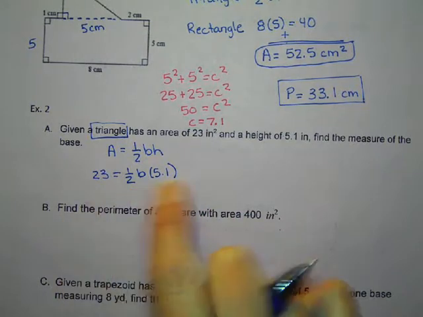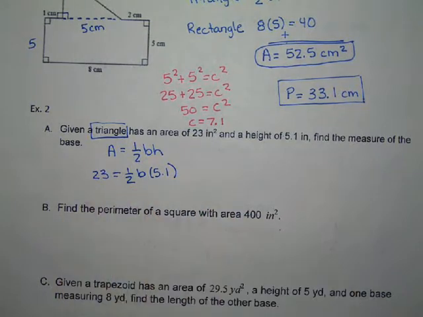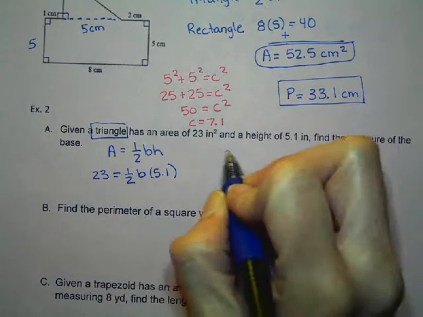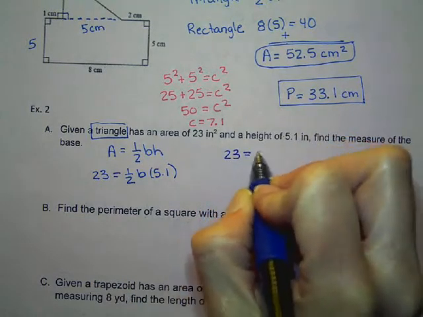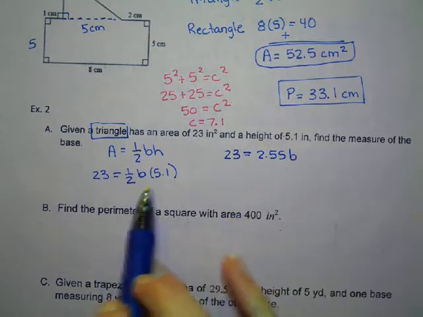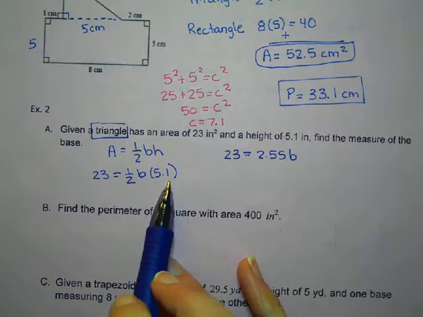If I take half of 5.1 and combine things on this side, we would have 23 equals 2.55b, because all these things are being multiplied together. And then to get b by itself, now you just divide both sides by 2.55.